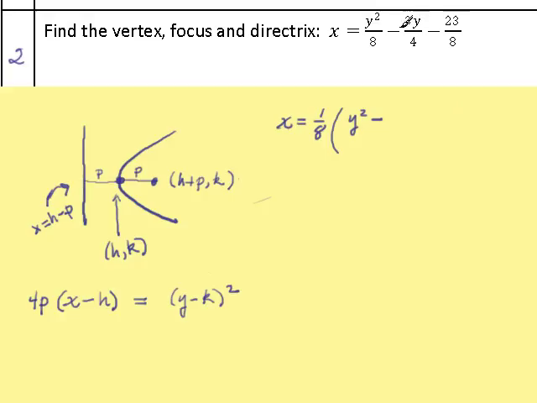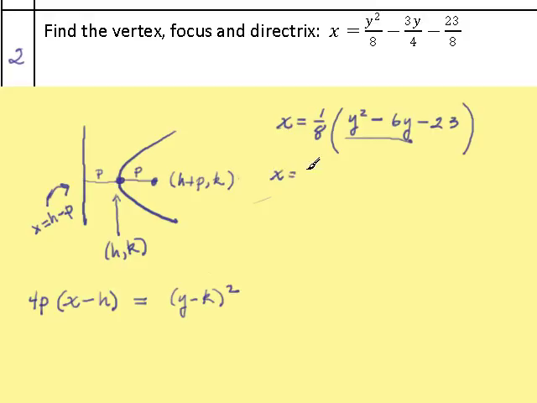So multiplication by 8 would yield 24 divided by 4, that's 6y, minus 23. Just check that by multiplying back, and you see we have 1/8 y squared. Here we have 6 over 8, which is the same as 3 over 4, and here we have 23 over 8. We're ready to start completing the square using those two terms.